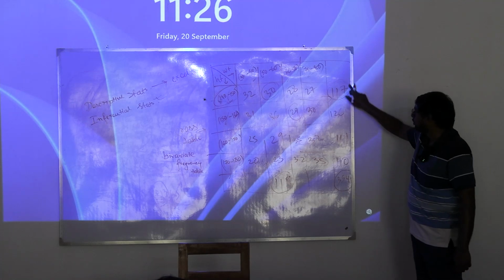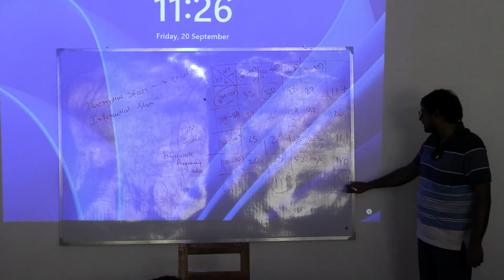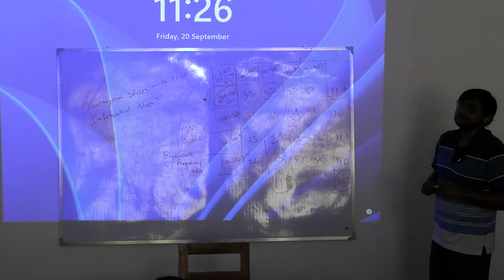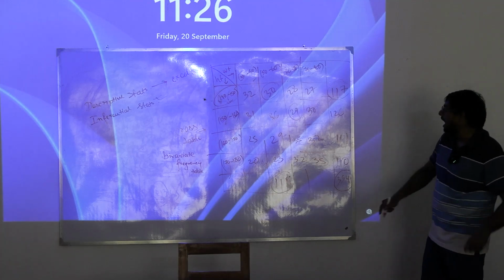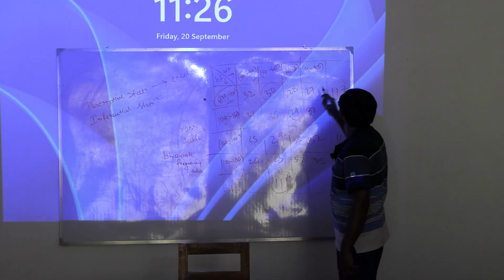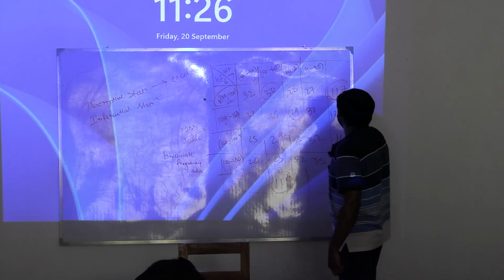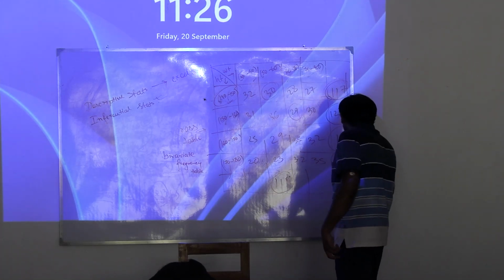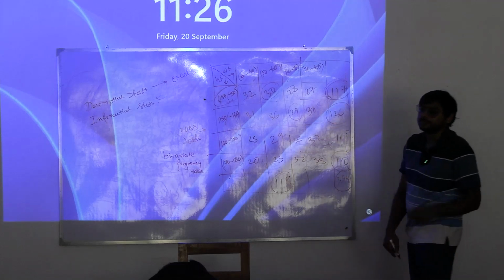I have added all these row totals. What does this signify? There is a total of 354 people. Understood? I have added all of these and got our row totals here, here, here and here. Now if I add all these four, I will get the total number of observations.